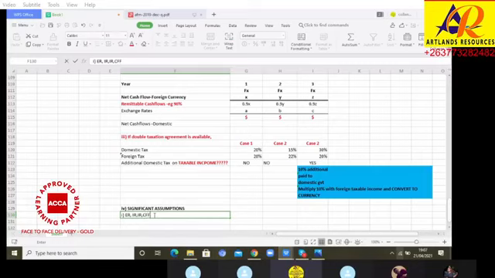I said the exchange rate, inflation rate, interest rate, cash flow forecasts are assumed to be accurate. Make sure this assumption you put it there.